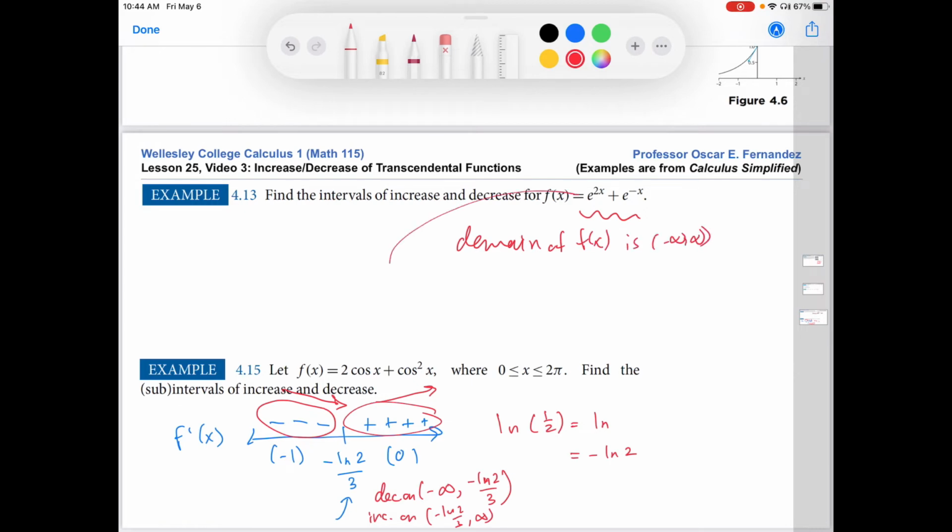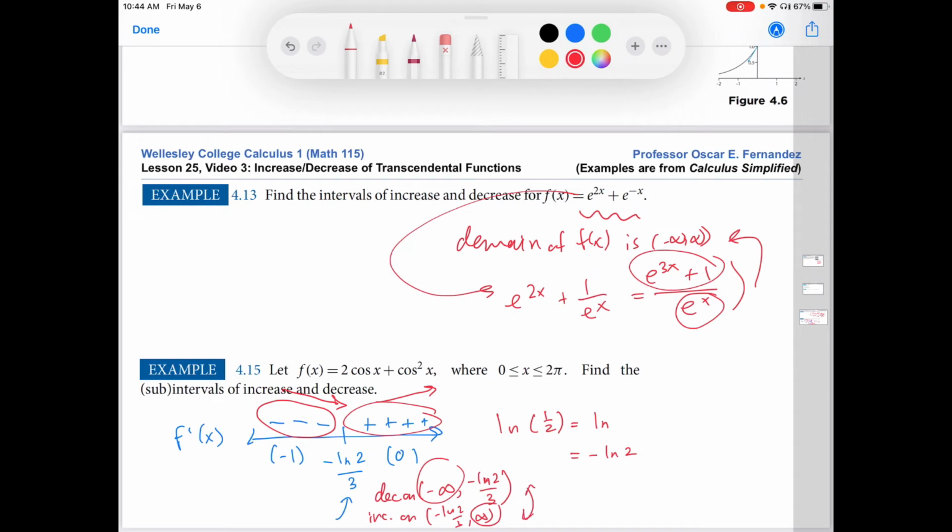We know that because, writing this as e to the 2x plus 1 over e to the x, we could, if we wanted to, find a common denominator and write the function this way. You can see that the denominator is never 0. There's no x value for which e to the x equals 0. And then the numerator is defined for all x, as is the denominator. So this function's domain is all real numbers. That's why we get to go all the way out here and all the way out here when determining our intervals for increase and decrease.